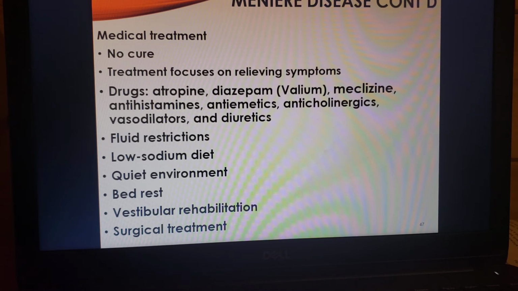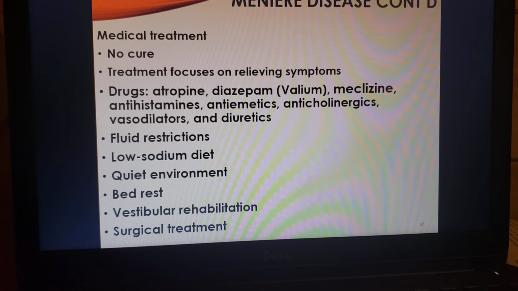The patient may be placed on fluid restrictions if fluid accumulation is severe in the inner ear. They may also require a low sodium diet for the same reason, and a quiet environment for rest. They will be on bed rest.